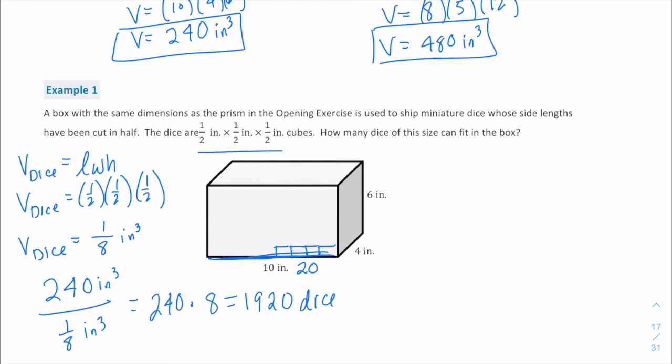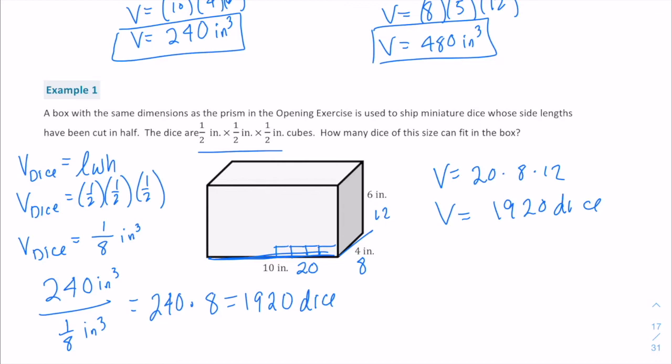By a similar fashion, we could fit 8 dice deep and 12 dice high. So it's not exactly a volume calculation, but it sort of is. So if we think of it as 20 by 8 by 12, we would still get 1,920 dice that we could fit in this rectangular prism.